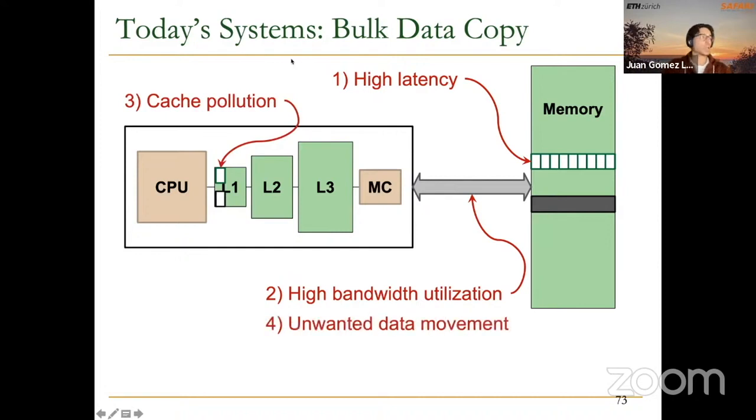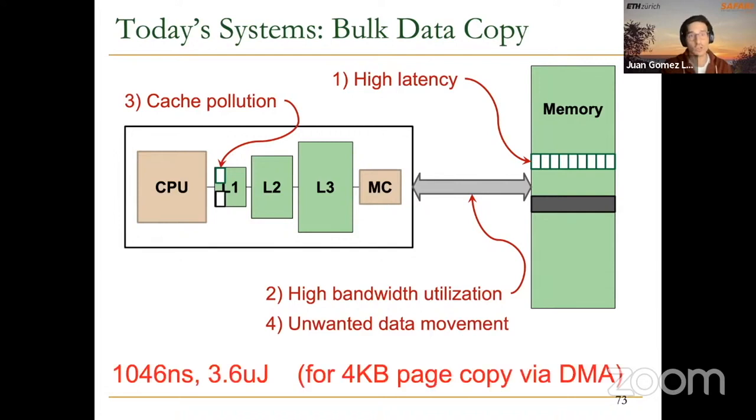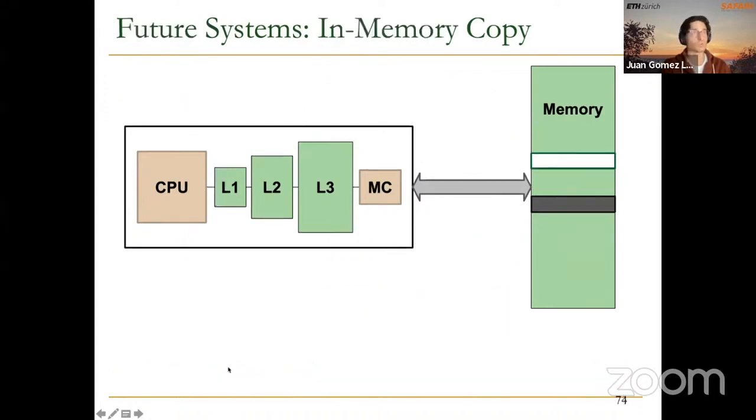And in the end, there is a lot of unwanted data movement in this operation. And actually, it's very costly in terms of execution time. Here you have some numbers measured for a 4 kilobyte page copy via DMA.